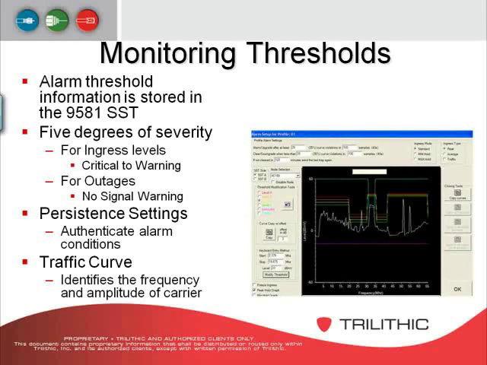So you may decide that for level 1, I want to be aware that it's there, but I'm not necessarily going to roll a truck right away. But when it hits a level 2, let's say that setting is at a minus 25, now we know that this is starting to get to more of a problem. So we need to start alerting the technicians that something is happening out there.